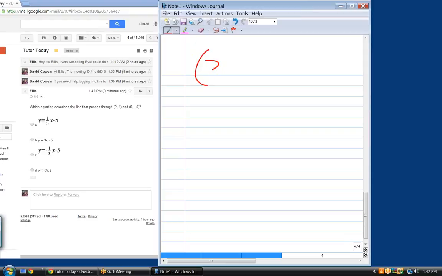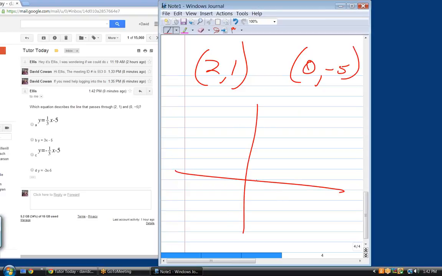If you know 2 points, there is only one line that can run through those 2 points. Let's graph it. Here's 2, 1, and here's 0, -5.